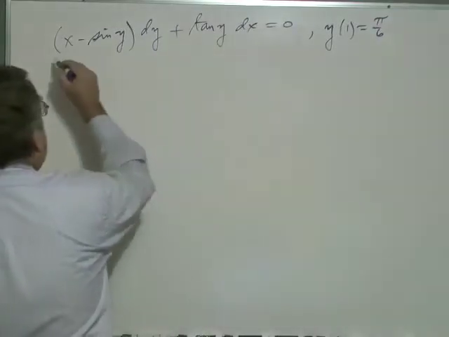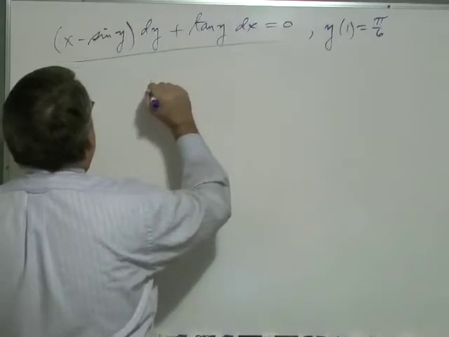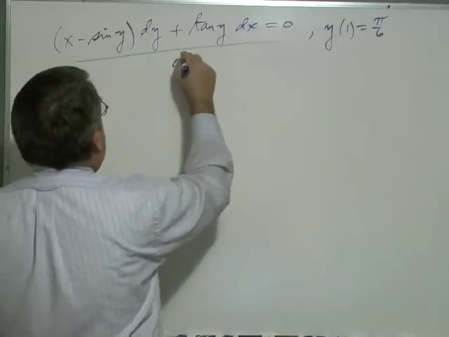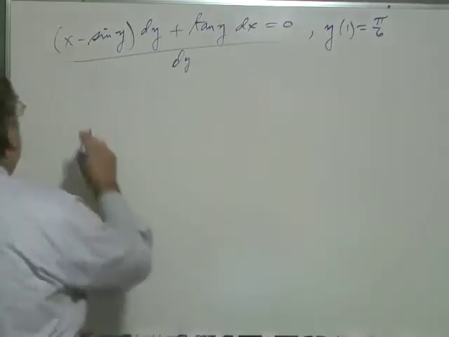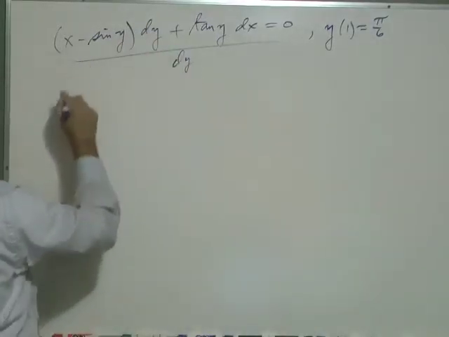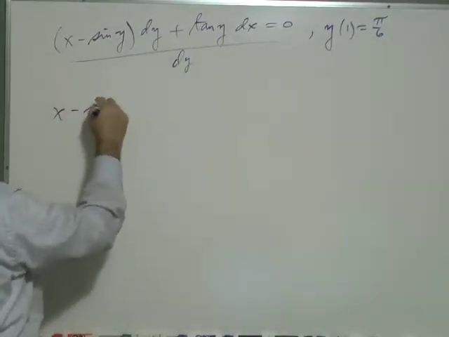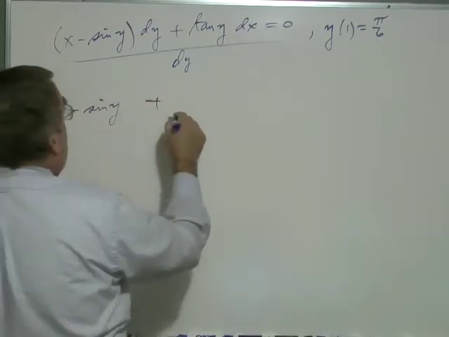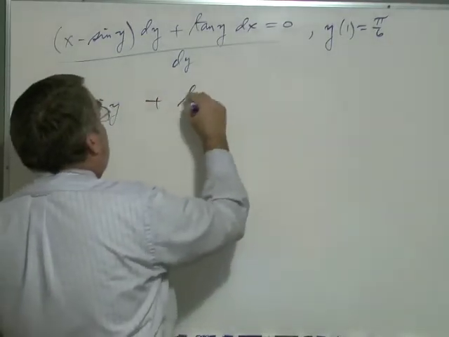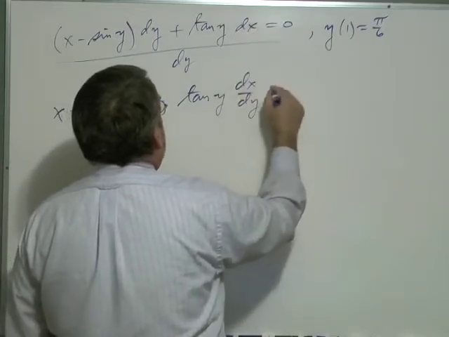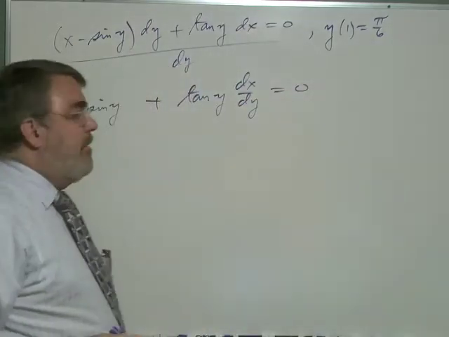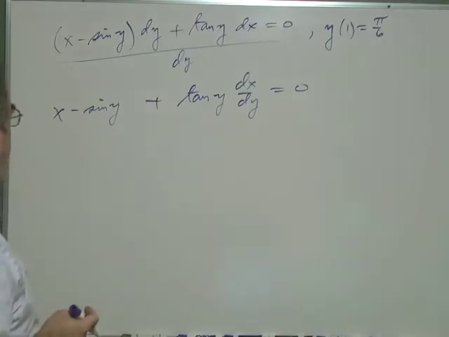And I'm going to divide this equation by dy. Alright, so let's see what happens here. This cancels. I have x minus sine y plus tangent y dx over dy equals 0.